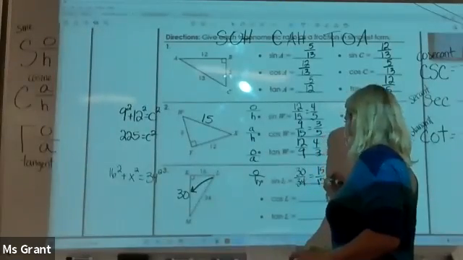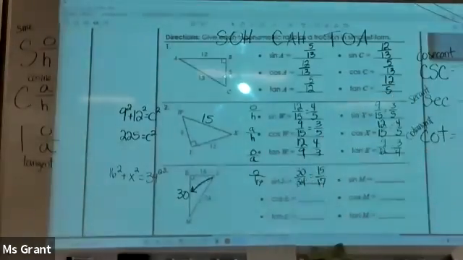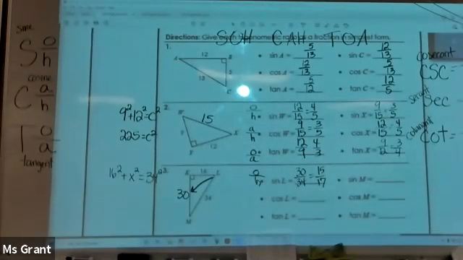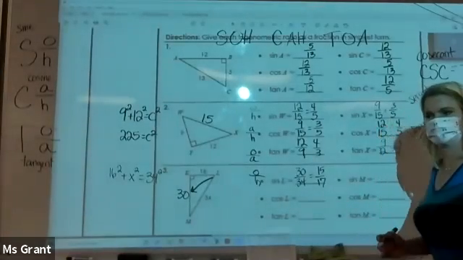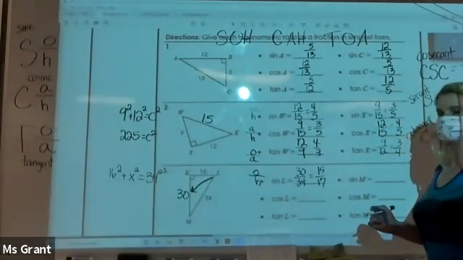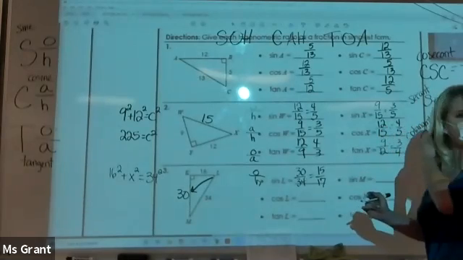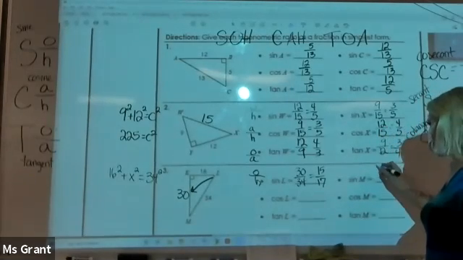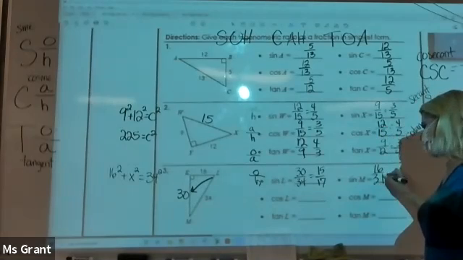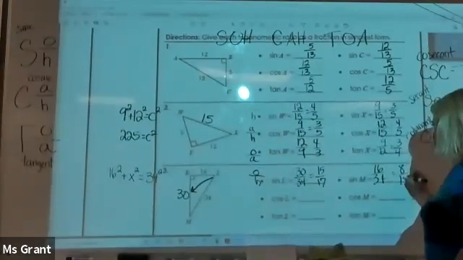Reduces to 15/17. Divide by 2. 15/17. Okay. Somebody else, sine of angle M. 16 over 34, I like that, yeah. Is 8/17.